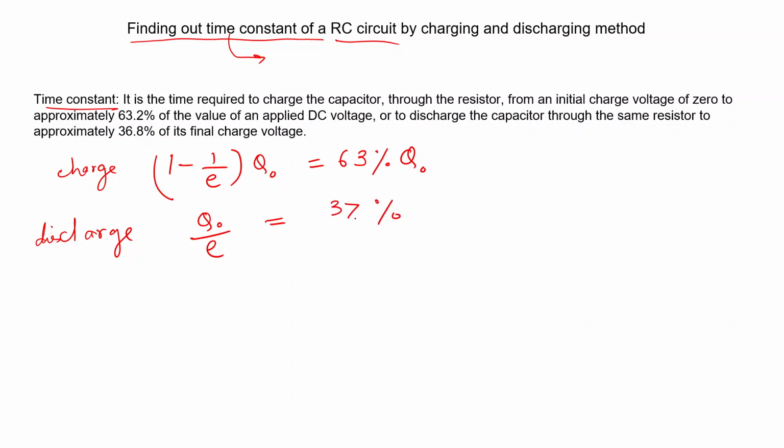Yeah, 37%. So the time required is known as the time constant of the RC circuit.